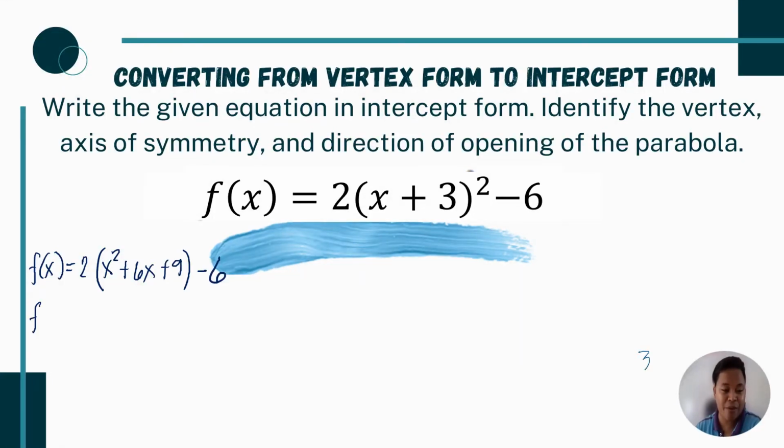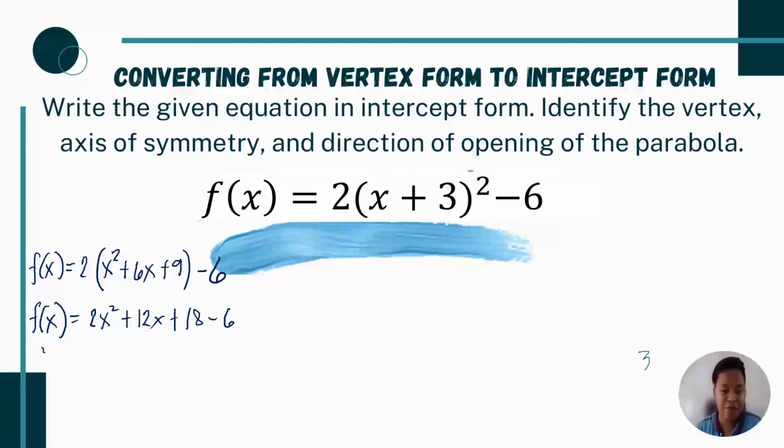Simplify po natin, f of x is equal to 2. Distribute po natin yung 2 sa x squared plus 6x plus 9. We have 2x squared plus 12x, since 2 times 6 is 12x. And then 2 times 9 is 18 minus 6.